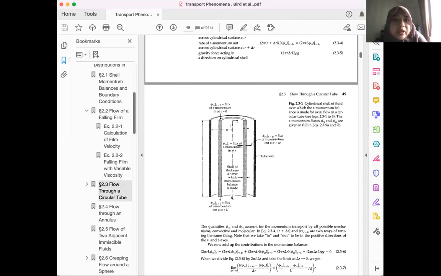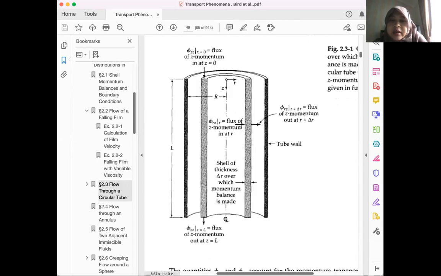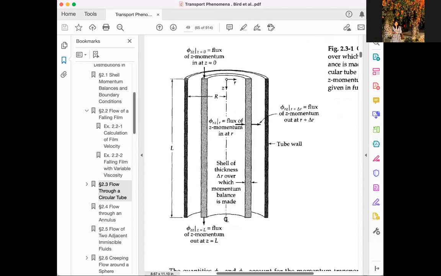You still need to make a shell balance. Here, the outside of this is actually the wall. Okay, got it, Fatia? Yes, Ibu. Yeah, this is the wall, but this one is the imaginary shell that we make in order to make the momentum balance.